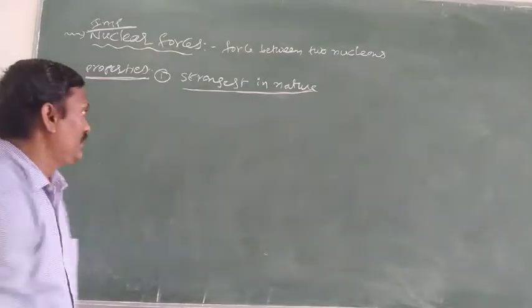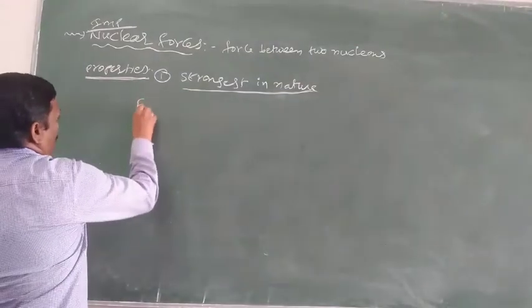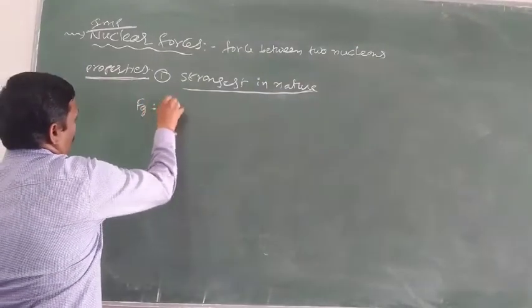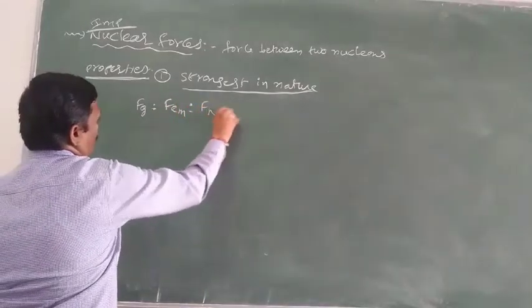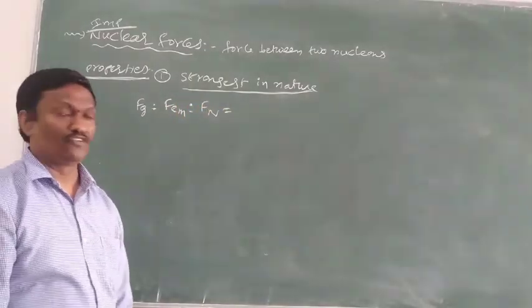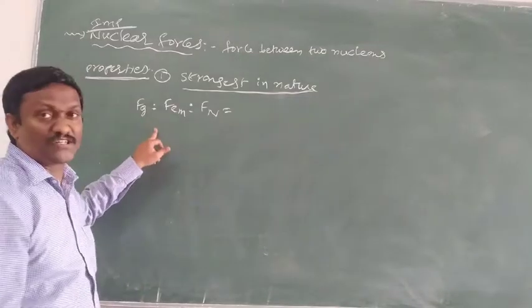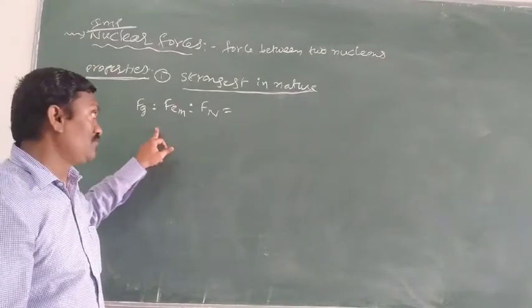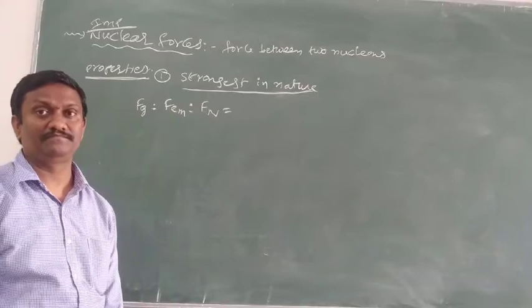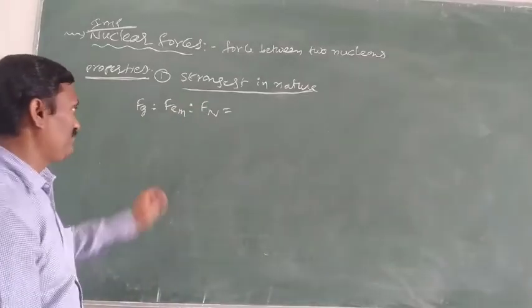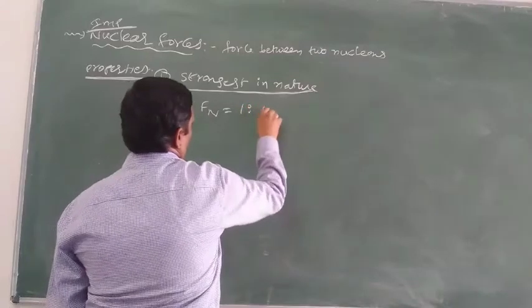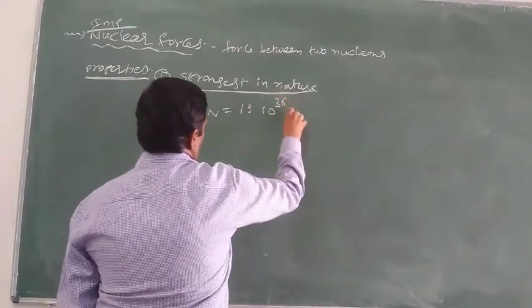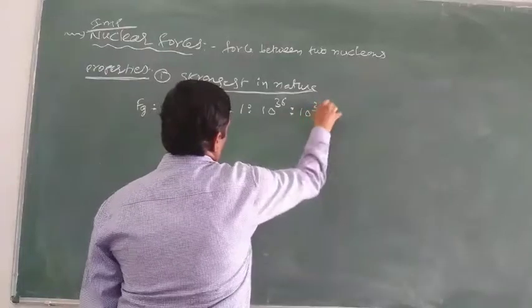We know the ratio between gravitational force, electromagnetic force and nuclear force. Gravitational force is the weakest in nature and nuclear force is the strongest. The ratio is 1 : 10^36 : 10^38.